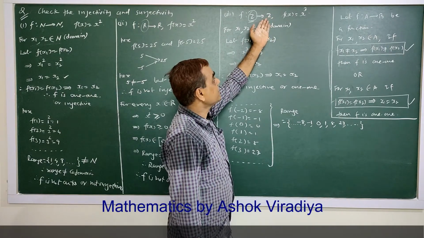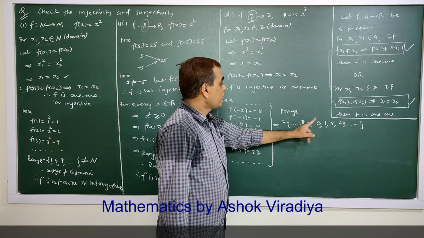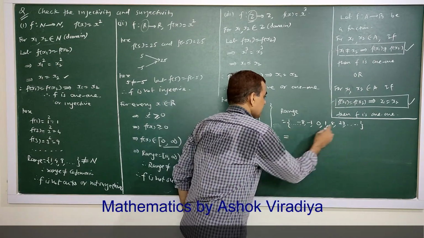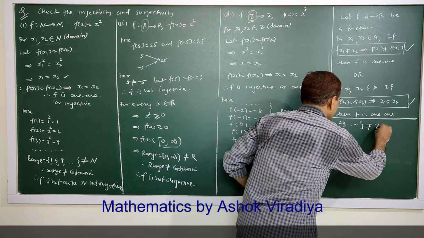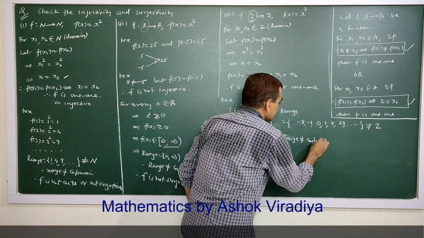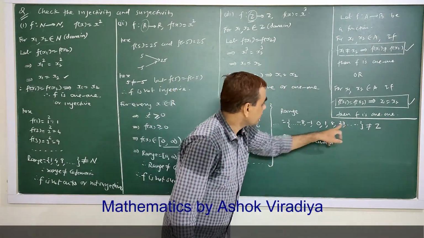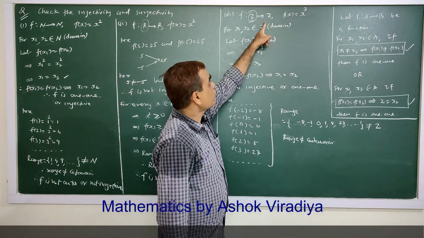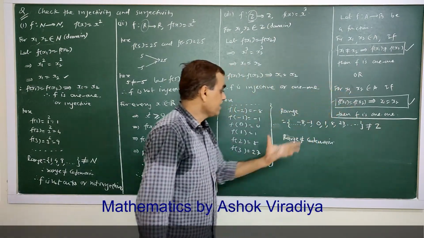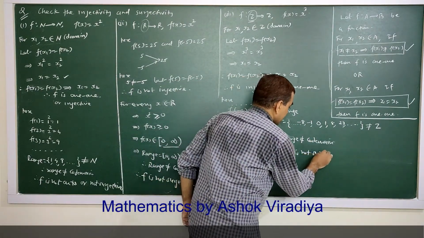So many integers in the codomain are left which are not images. So the range is not equal to Z, the range is not equal to the codomain. The range includes only these integers, the codomain includes all integers. So the function is not surjective.